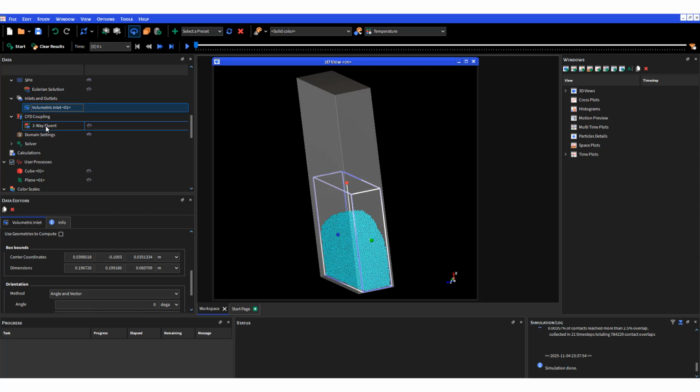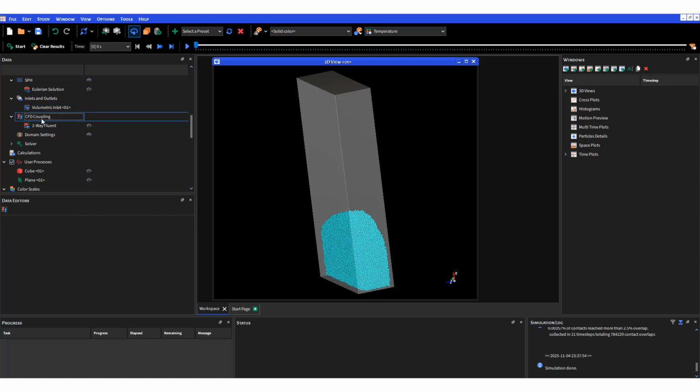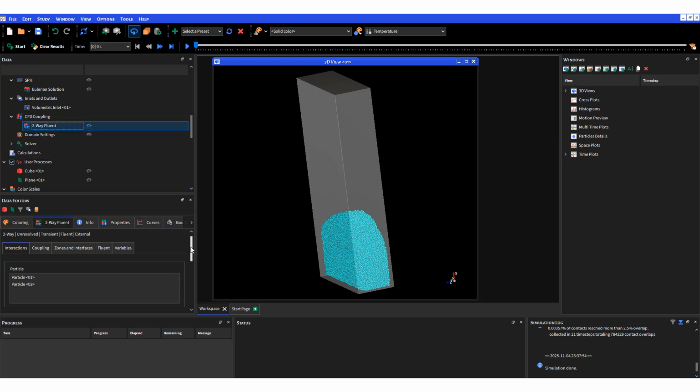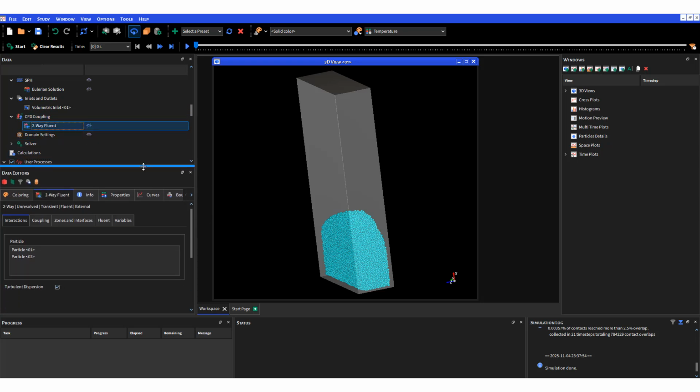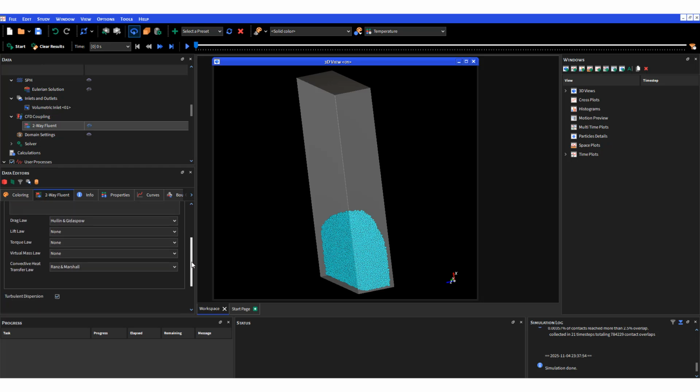Moving over to the CFD coupling, which is a key part of this study, first of all we have interactions between the particles and the gas. This is where you specify them: drag law and convective heat transfer law.